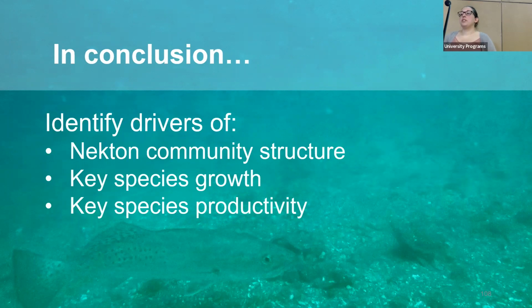And species-based approaches have a really important place in research and management, but environmental factors affect individual populations within the ecosystem, and then in turn, these populations affect one another. So by studying long-term changes at the ecosystem level, as I'm doing in this dissertation, we hopefully gain a fuller understanding of the dynamics at play.